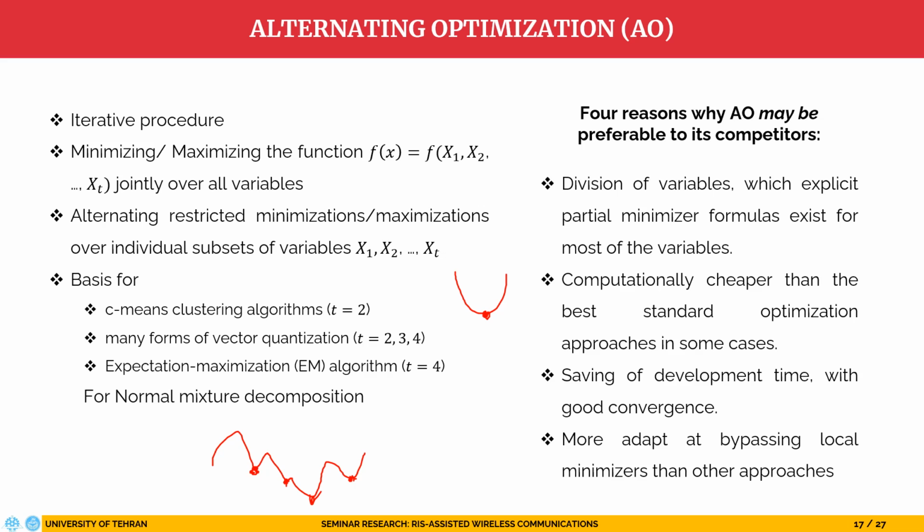For example, if the starting point is here, it shouldn't get stuck in this local minimum, because the absolute minimum is far away. The algorithm should be powerful enough to bypass this local minimum, getting here, then here, then here.